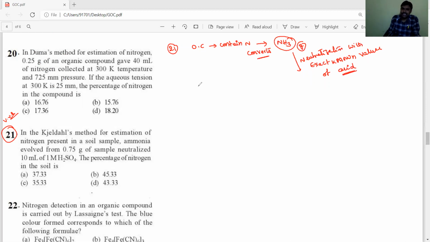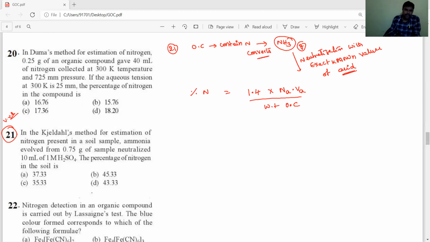Under this condition, the percentage of nitrogen formula is equal to 1.4 into normality of acid into volume of acid, by weight of organic compound.